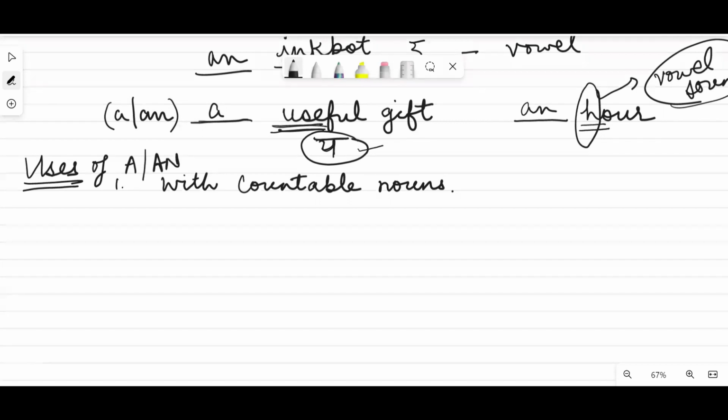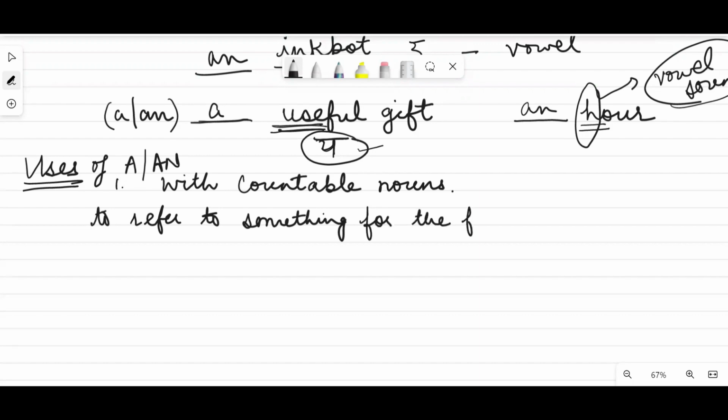So when are they used? When we refer to something for the first time, or refer to any one object or person.